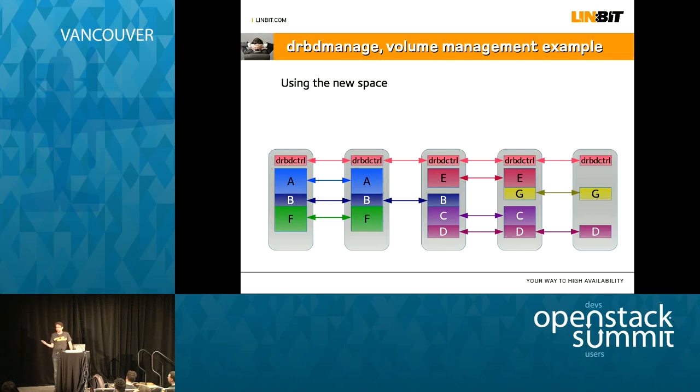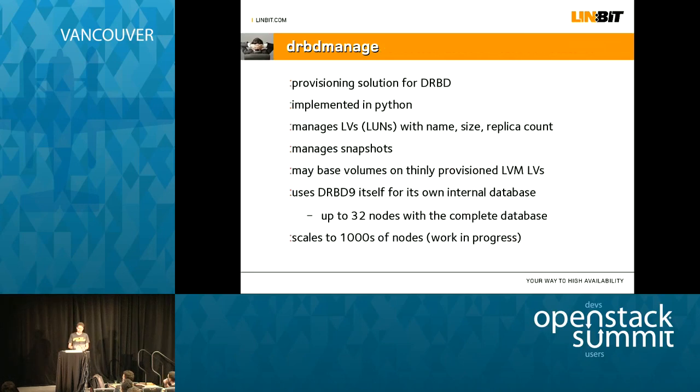In case it's gone forever, you simply tell DRBDManage: remove node, rebalance. That means that all the replicas that were lost are reallocated on the remaining nodes. But it cannot know by itself if the node will eventually come back or not. So this is outside information you need to provide.